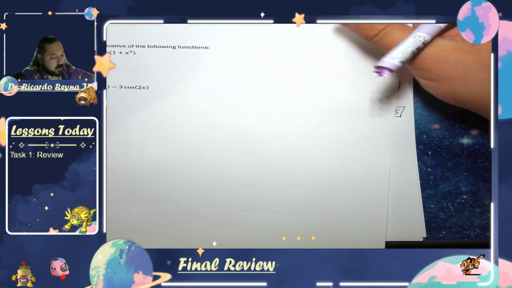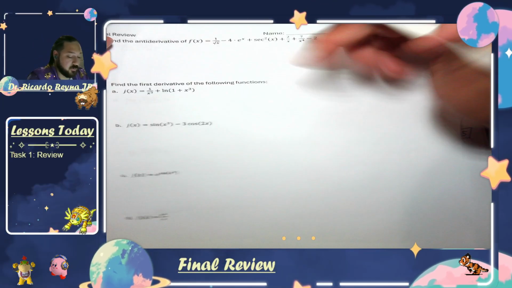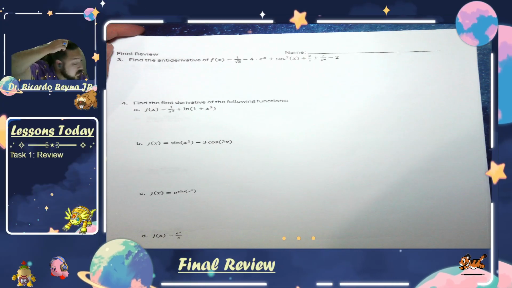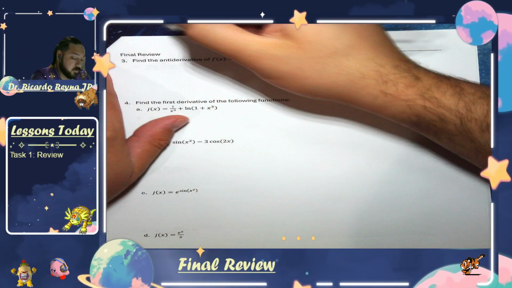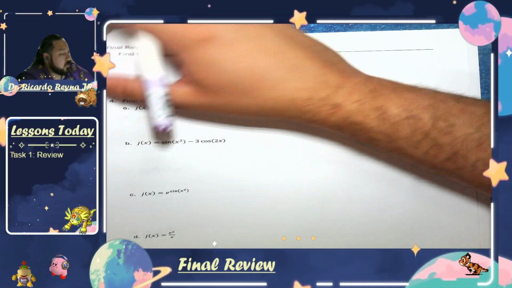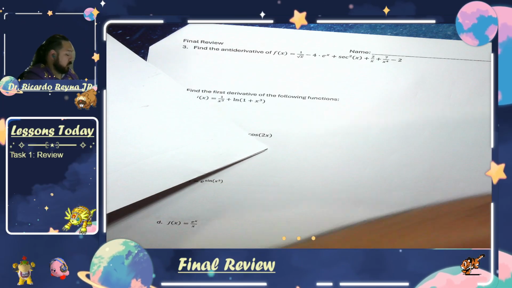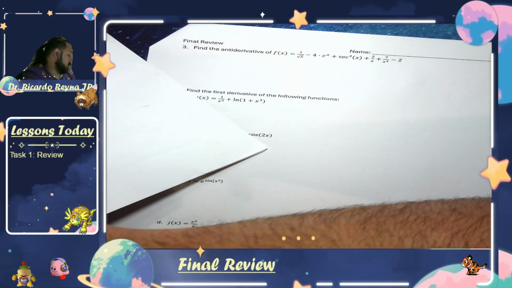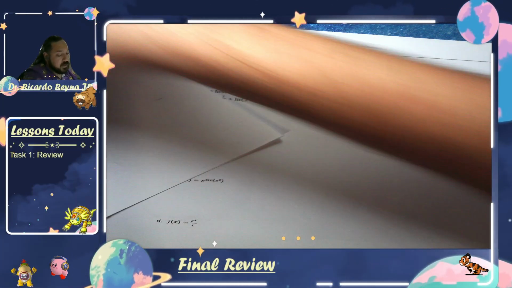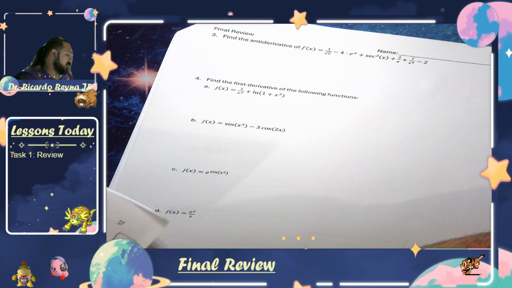Let's see. Okay. Find the antiderivative of this. Okay, so we know this is all of our units 3 and 4. Well, technically this is everything, right? It's a final review, but I kind of just want to be a bit more specific.